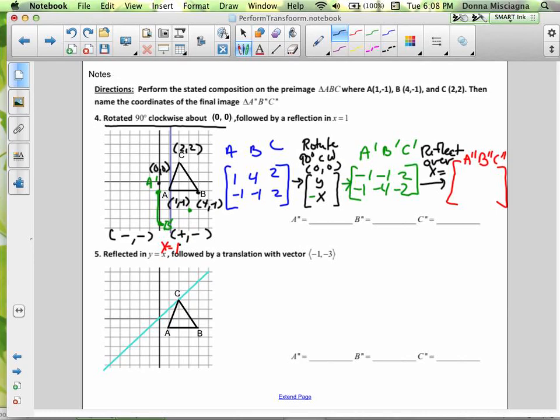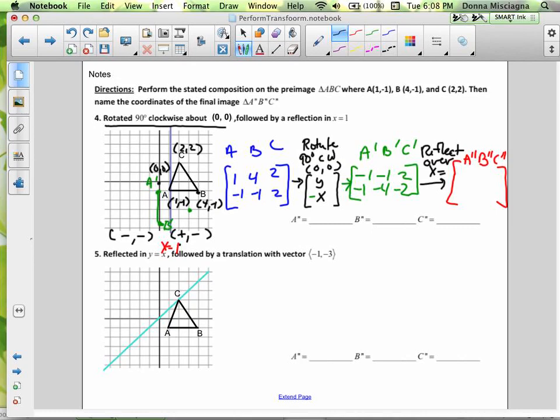Okay, and so that's 1, -1, excuse me. And then B is at 2, 3, 4, -1, that's correct. And C is at 1, 2, 1, 2. That's in the right location. All right, so then we rotated, so they flipped and the second one becomes the opposite.